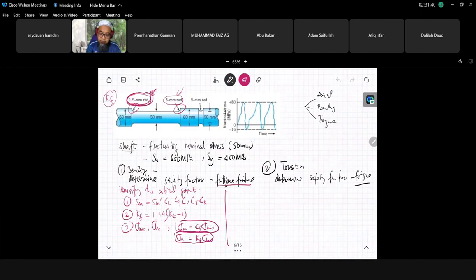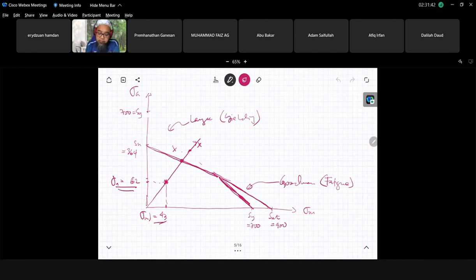So if the question is the graph, we calculate and we have the value here. We have the alternating value.